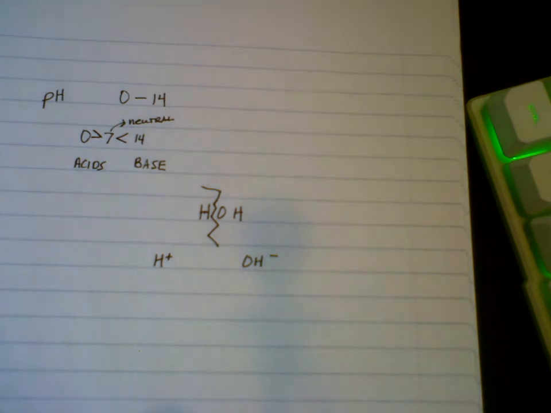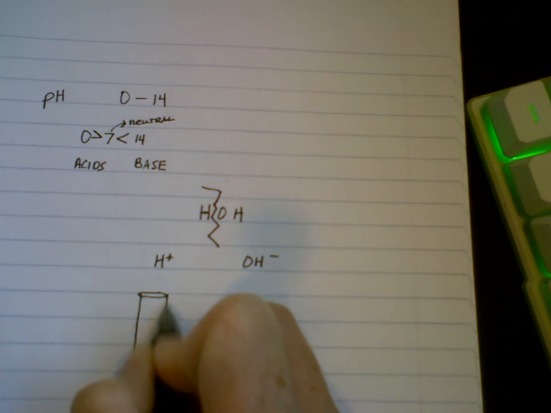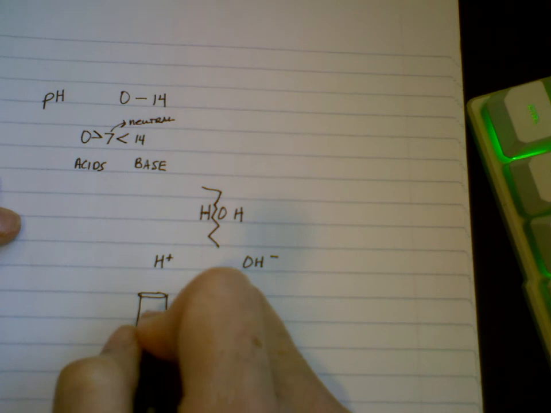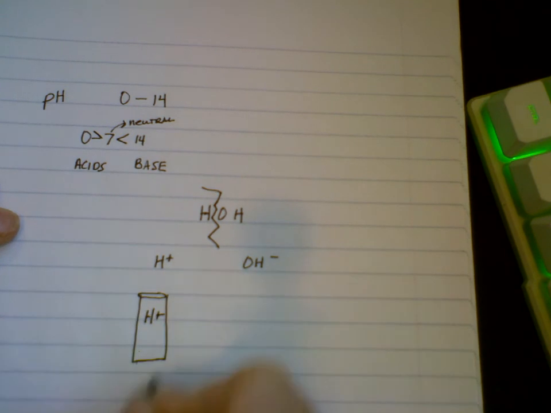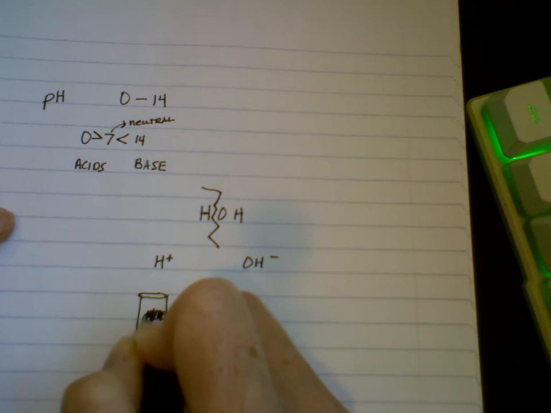When you have a solution that contains mostly or more H's than OH's, so it has a greater amount, an imbalance of hydrogens. So, let's just make that the solution.